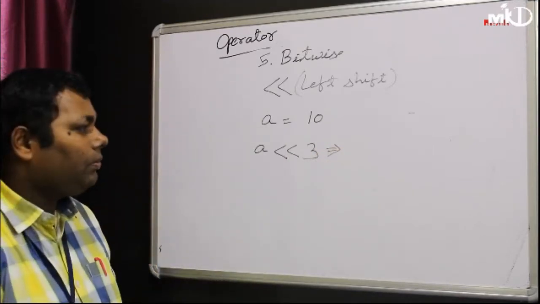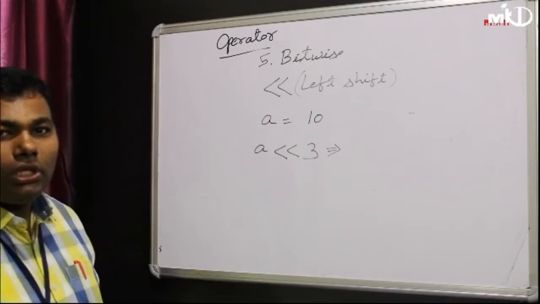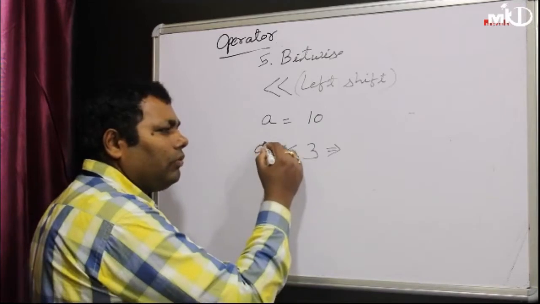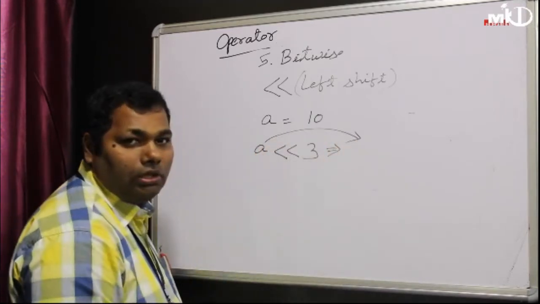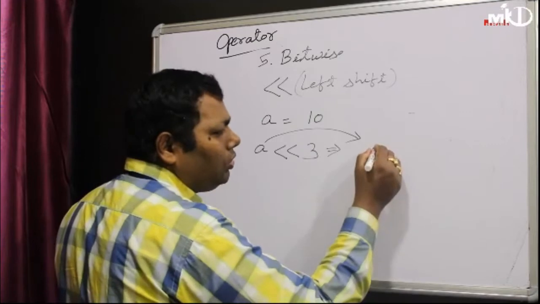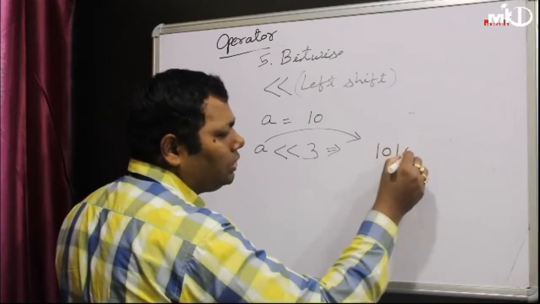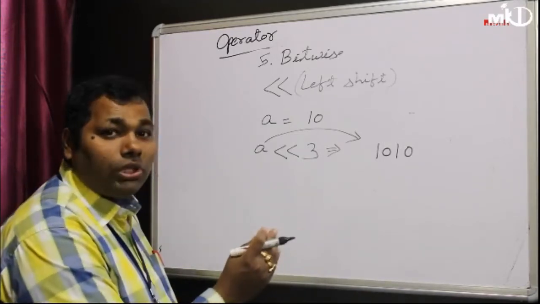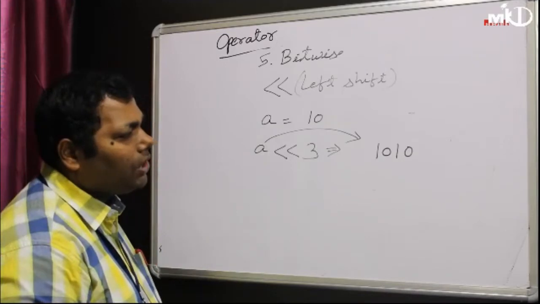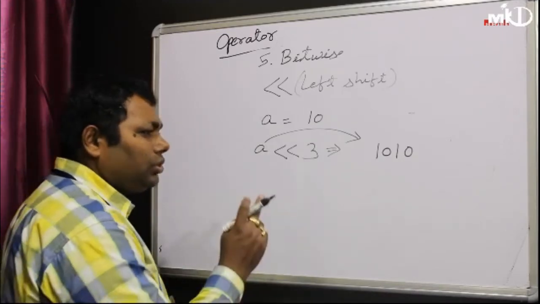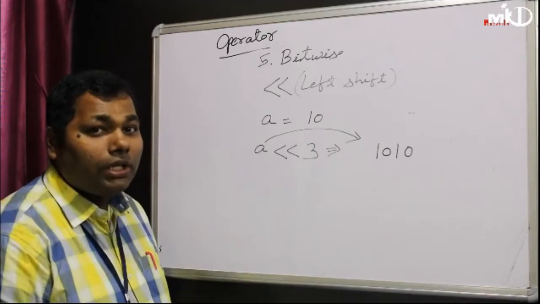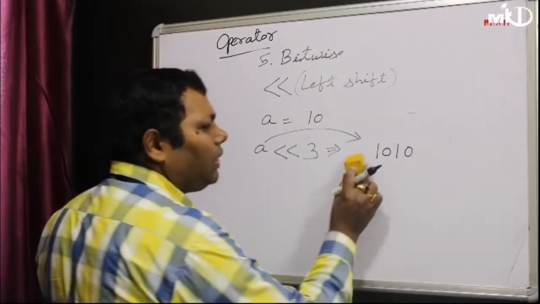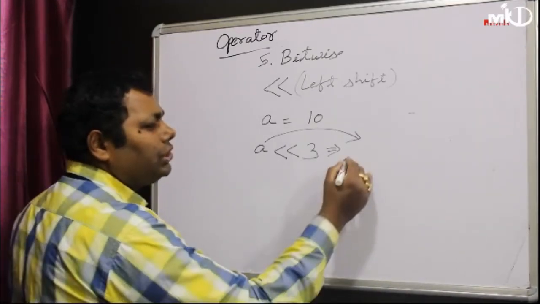So left shift means convert the first operand to binary, 1 0 1 0. Then shift 3 bits to the left side. In case of integer, how many bits are there? 16 bits. So normally this value is converted to 16 bits.